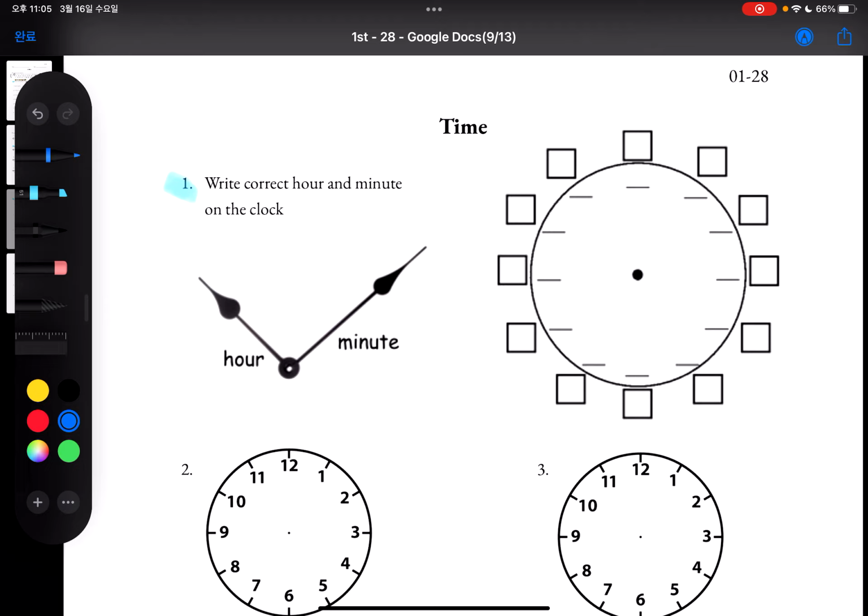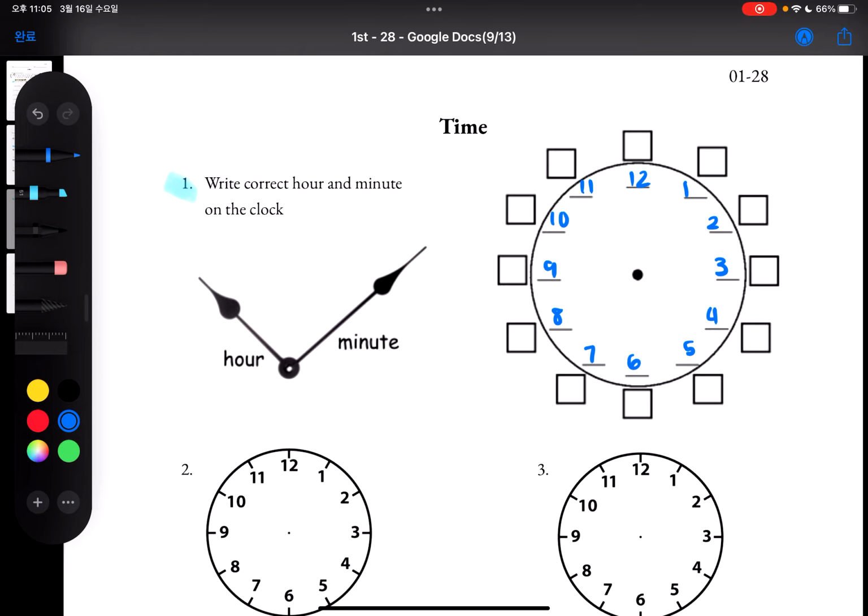So starting with hours, we have 1, 2, 3, 4, 5, 6, 7, 8, 9, 10, 11, 12 o'clock. These would just go around the circle clockwise in order 1 through 12, which is very simple. And the minutes may be a bit harder.